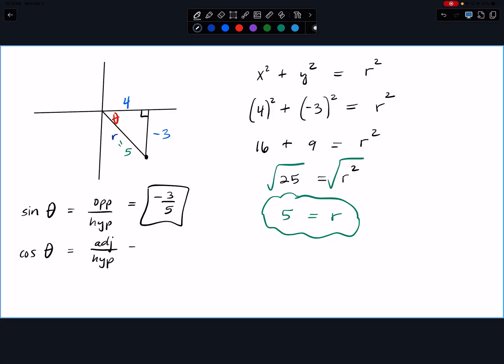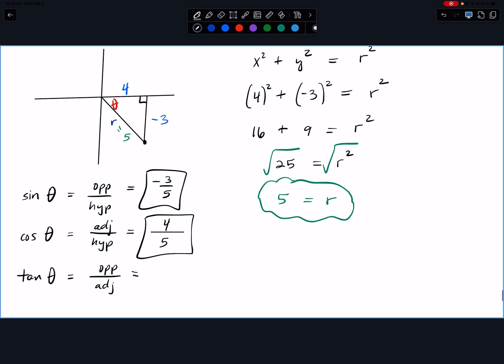So what is it going to be, guys? 4/5. Tangent is opposite over adjacent. Yikes. So what's it going to be? -3/4. Good.